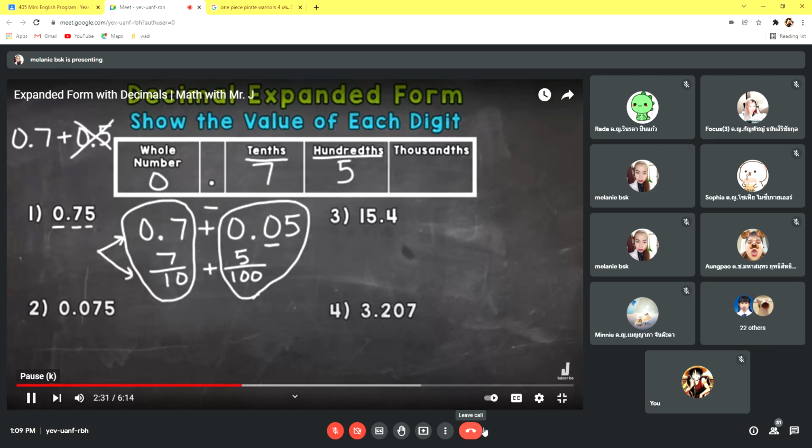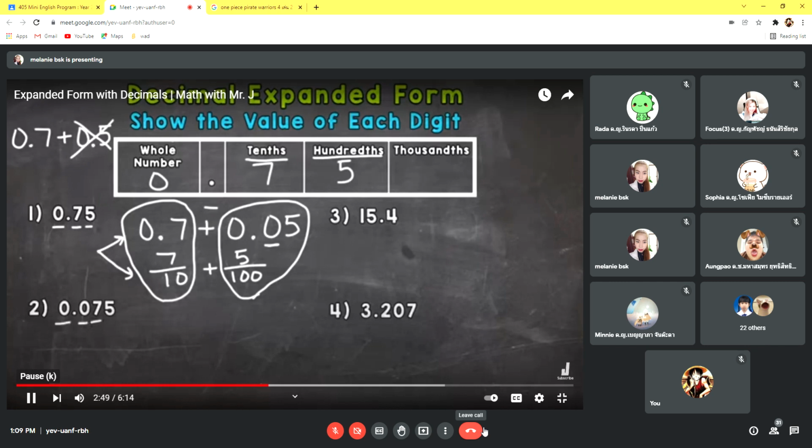So on to number 2, where we have 75 thousandths. Now it looks very similar to number 1, but the 7 is in a different place and the 5 is in a different place. So we do not have a whole number. We have a 0 in the tenths, and our 7 is in the hundredths place this time.